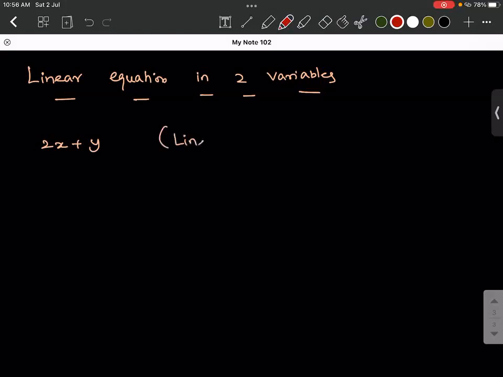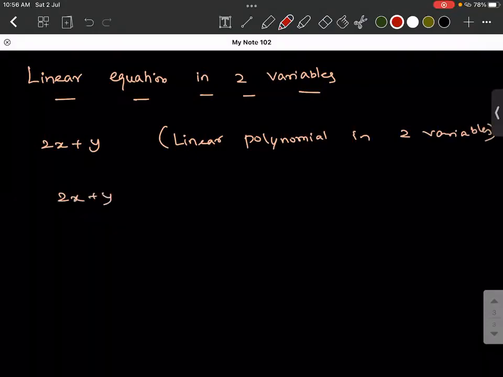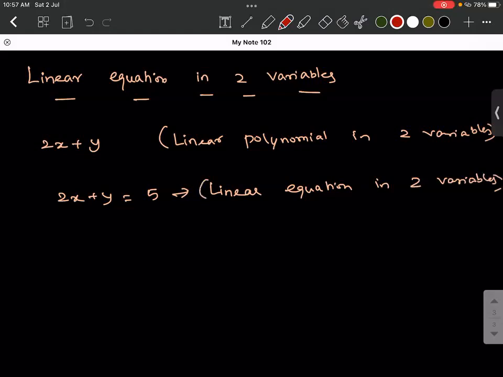You can call it a linear polynomial with two variables. Suppose I make this 2x plus y is equal to 5, then this becomes a linear equation in two variables. Is that right?